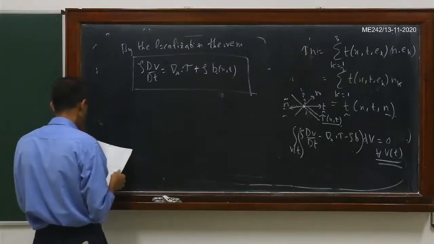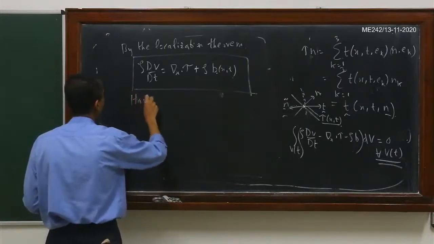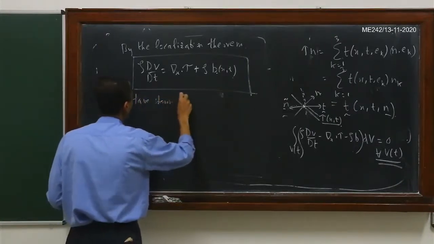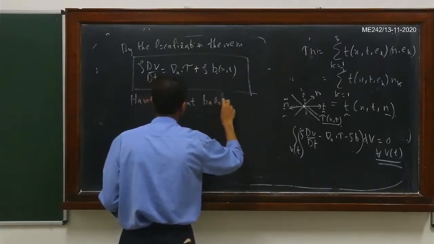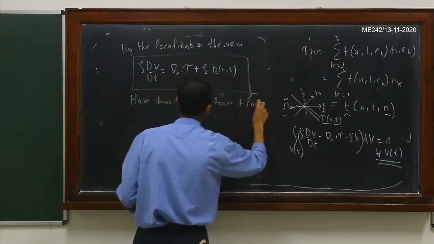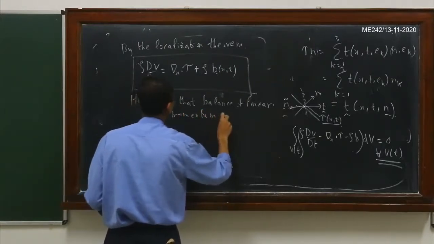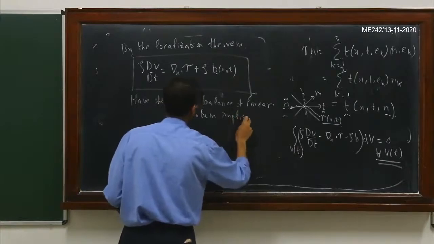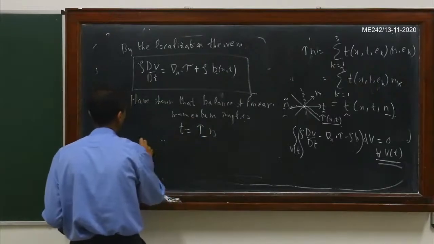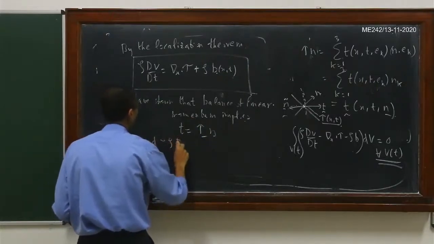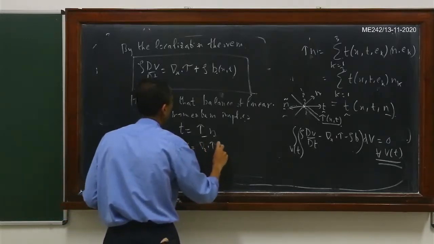So what we have shown here is that the balance of linear momentum implies t = tau n, and rho dv/dt = del dot tau plus rho b.